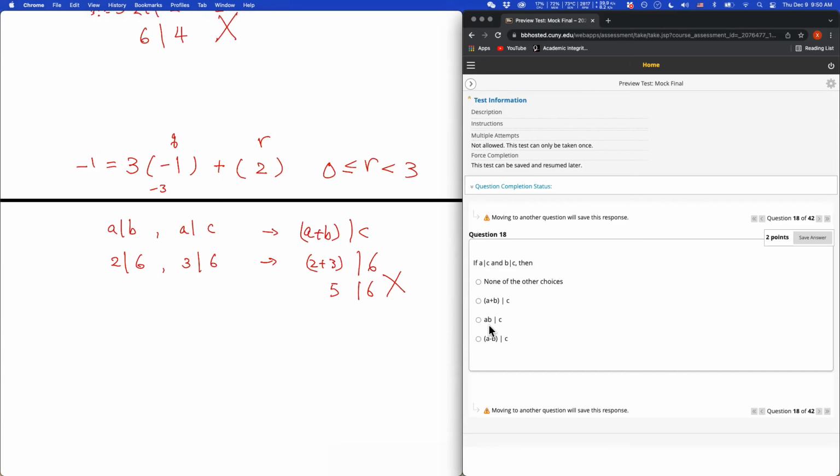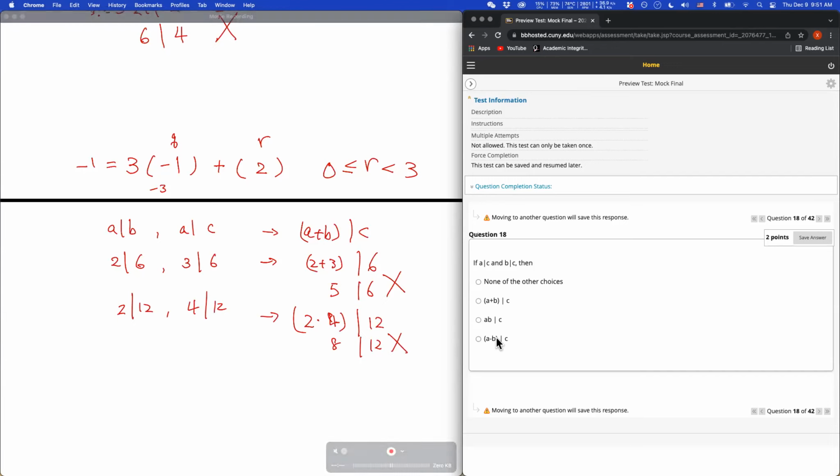Now let's check A times B divides C. Let's look at 2 divides 12, and we know 4 also divides 12. But if you multiply 2 times 4, it will be 8, and 8 does not divide 12. So this is also false. We can find a counterexample.